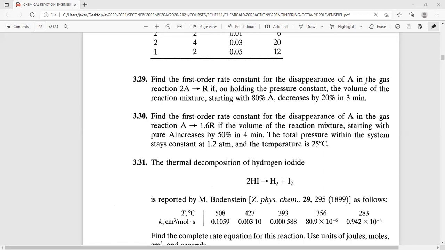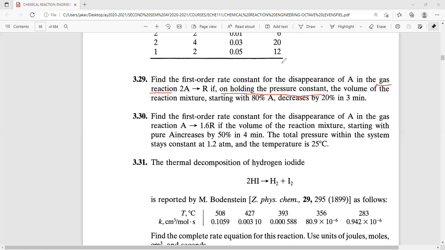Number one: you're given a gas reaction, so that tells you that you are to use those formulas. Another one is holding the pressure constant. These two tell you that this is not an ordinary constant volume batch reactor system, but rather a varying volume batch reactor problem. So I'll take a picture of this and we'll solve this one based on the formulas that we discussed a few minutes ago.